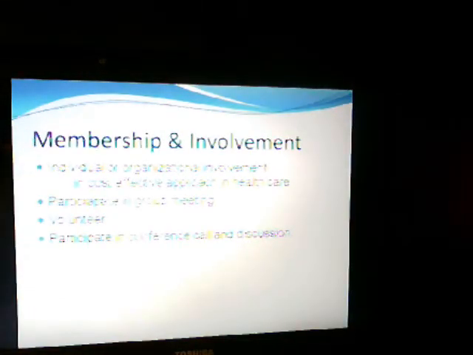Membership and involvement. Everyone can join HL7. The membership is available for everyone. Mainly there are 2 types of membership: individual or organizational. It depends upon you which one you want to choose. The individual membership is for people who have an interest in standardization in a personal position and do not have any concern to an organization or employer.